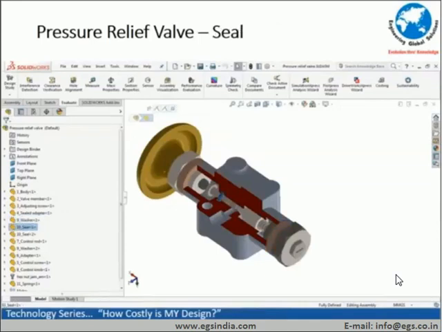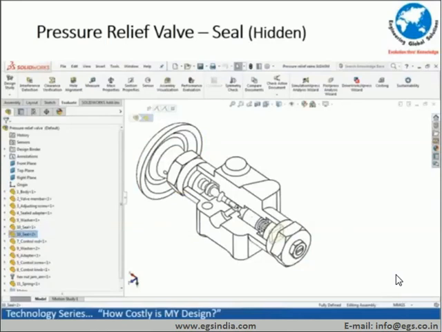Then you have the seal on the left-hand side, primarily for the manual screw adjustment. We have shown you in wireframe mode, in the bounding box, where the other seal is sitting, hidden inside.